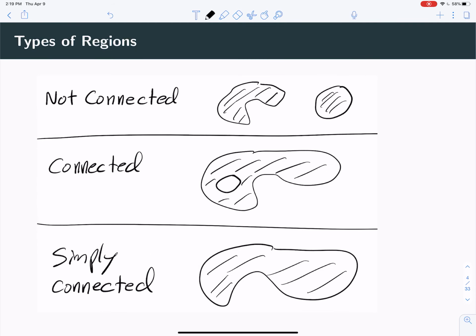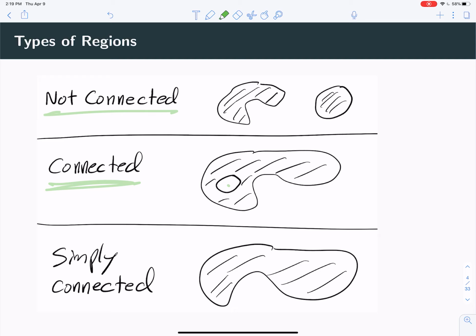Now we've got a simple idea here, but it's important for the next theorem, and that's what's called types of regions. Here is one region that's been split into two parts, so we say that region is not connected. This is one region, all connected with itself, but it has a hole in it right here, so we say that's a connected region.